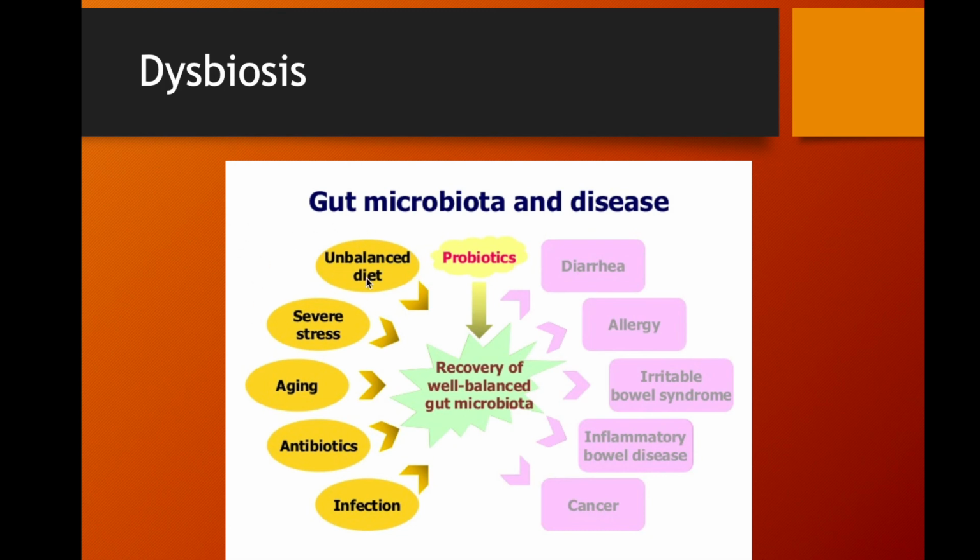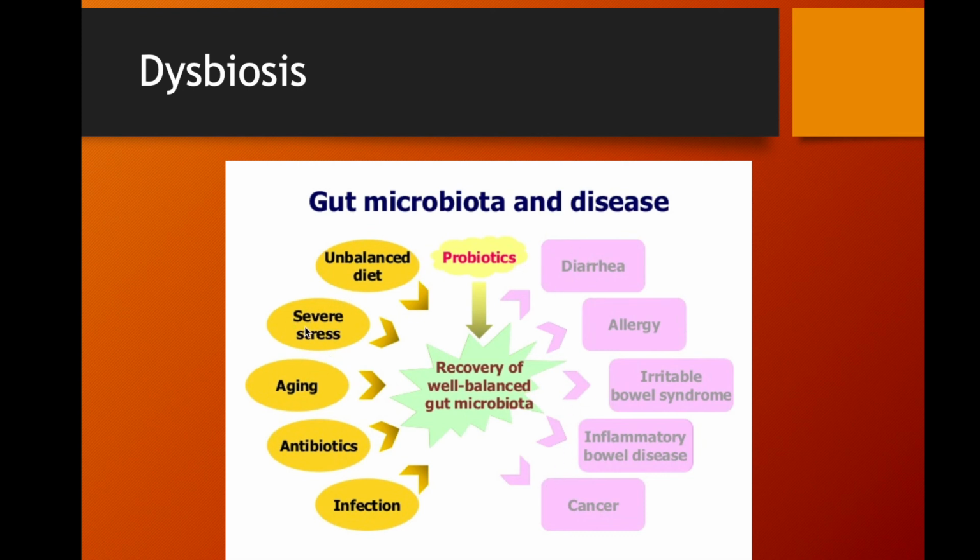It really favors that type of diet, and your beneficial bacteria don't do so well with that particular type of diet. And so if you have that, then you're going to have dysbiosis, which can lead to a number of different things. Cancer even is on this list, inflammatory bowel disease, irritable bowel syndrome, allergies, diarrhea, and even pathogenic infections here.